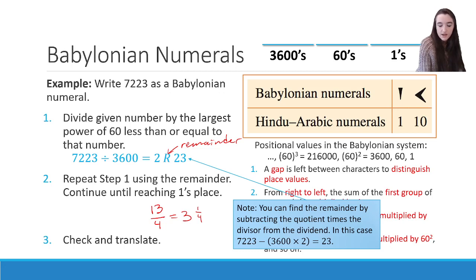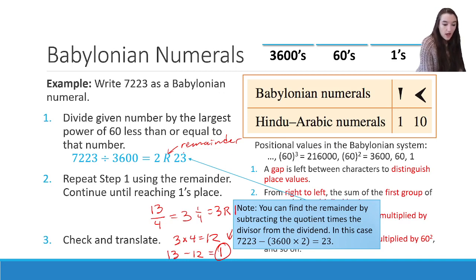But how can I get that using numbers that I can't just do quickly in my head? Essentially, we have 3 times 4 equals 12, and then 13 minus 12 equals 1. And so the remainder is 1. So we write this as 3R1 if we wanted to write it in remainder format.